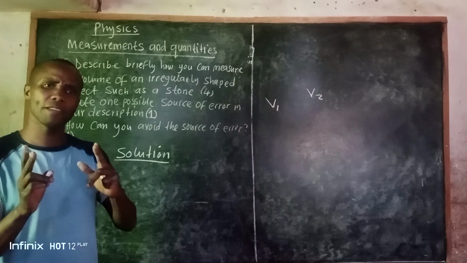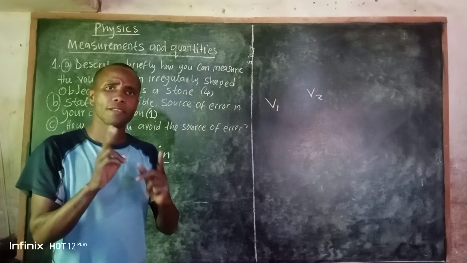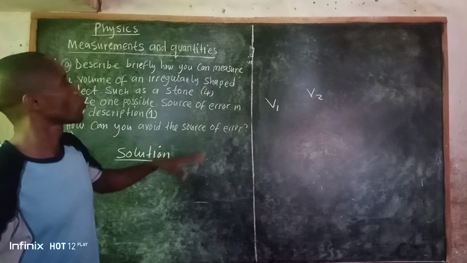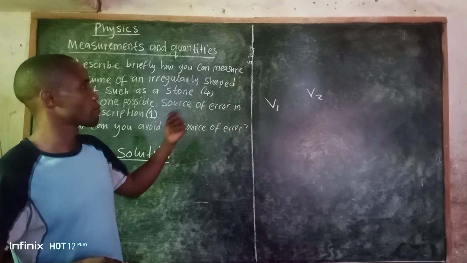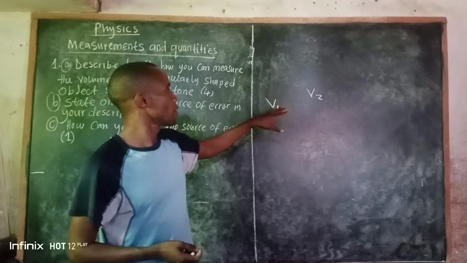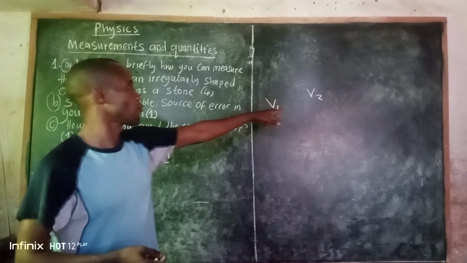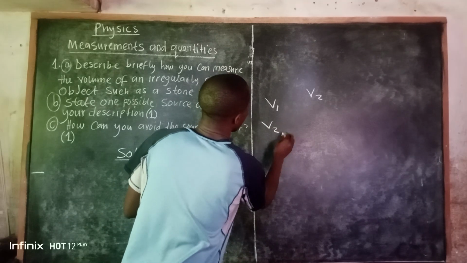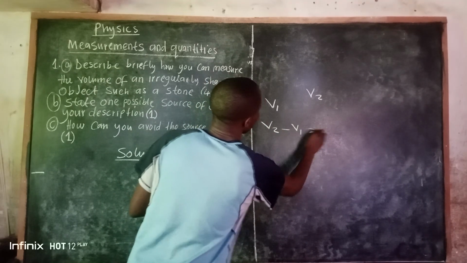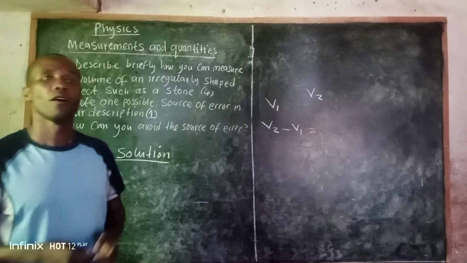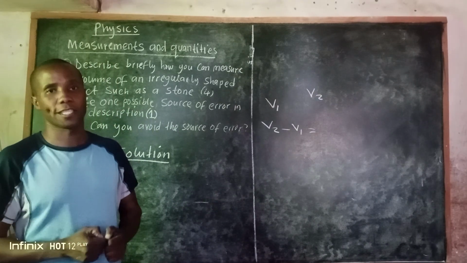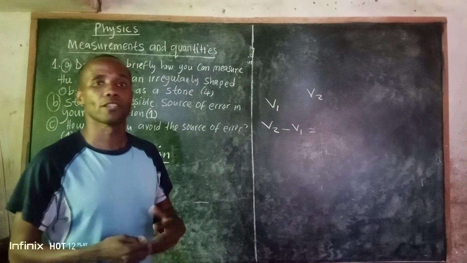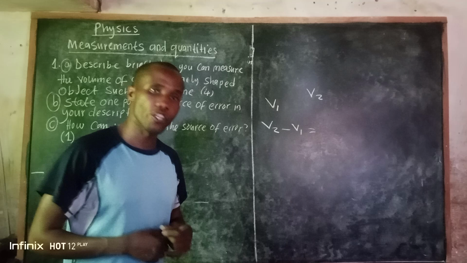Having known the first volume and the second volume, you now subtract the initial volume from the final volume. So the formula will be V2 minus V1, and the result you get will be the volume of the object. This is how we find the volume of an object which has an irregular shape.